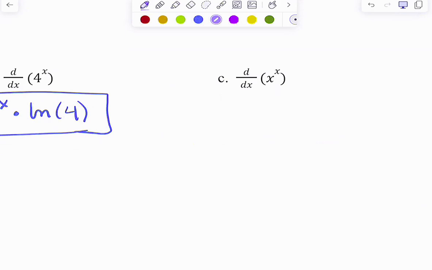There's an x there. We don't have a rule for this, right? I can't apply the natural log rule because the base is x, and I don't have a way to deal with that. So here's what we're going to do.